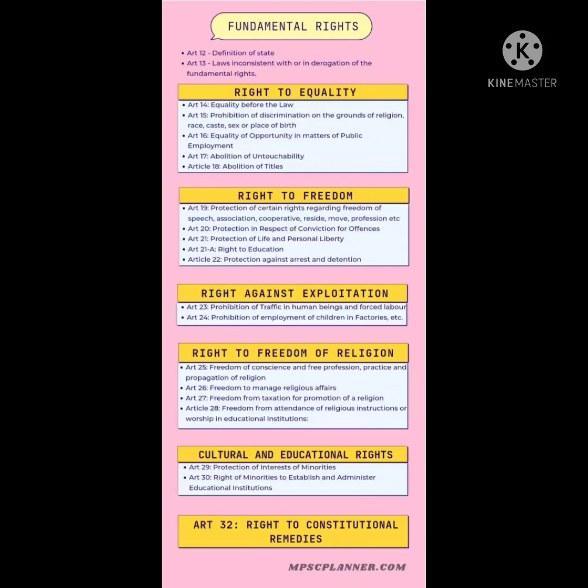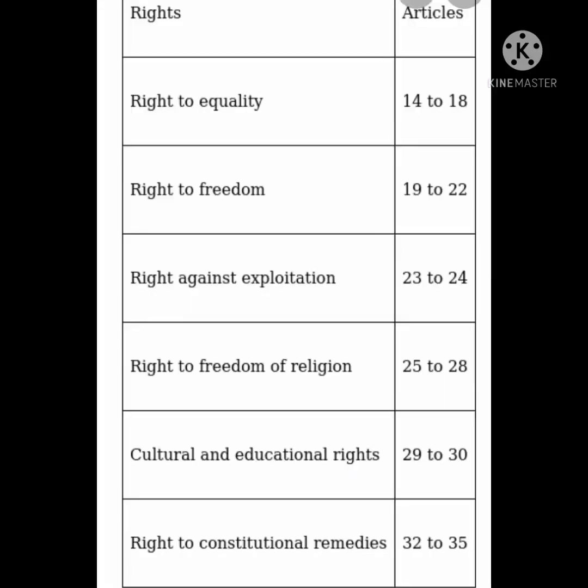Now let's see what the different articles of our Indian Constitution are that guarantee these rights. Right to equality is from Article 14 to 18. Right to freedom is from Article 19 to 22. Right against exploitation involves Articles 23 to 24.